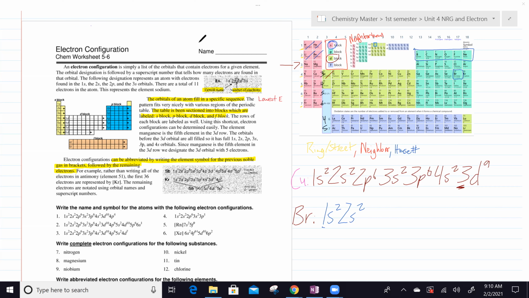The P block. First row, second row, third row, fourth row. Second row. What neighborhood, S, P, D, or F? P. How many boxes? 6. 2p6. Thank you.